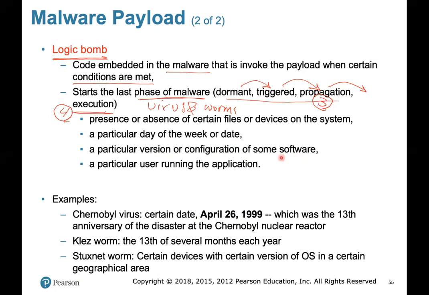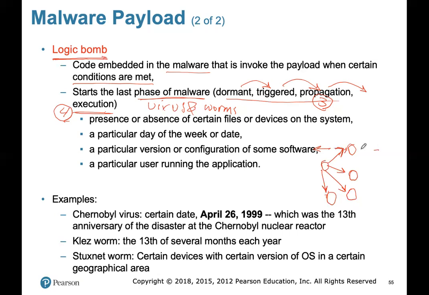So it means that there is no timing delay between the propagation and execution. In this case, the malware is propagating to different computers. For example, here is one infected one, and these are the other computer systems being infected by the malware.